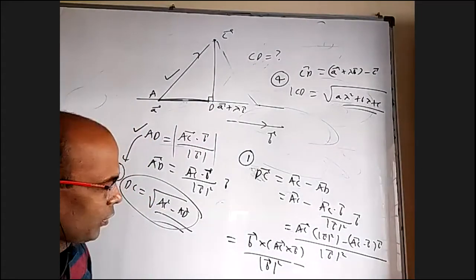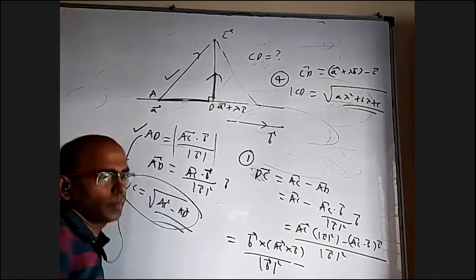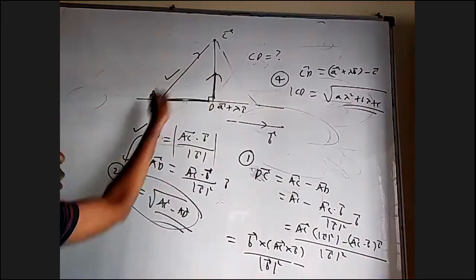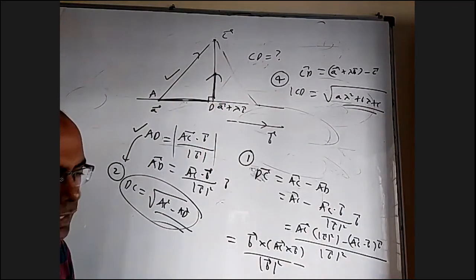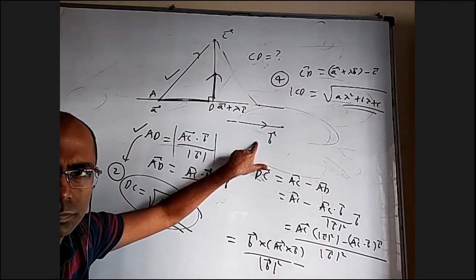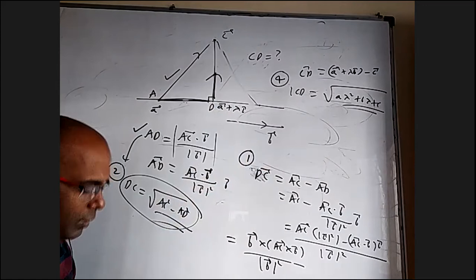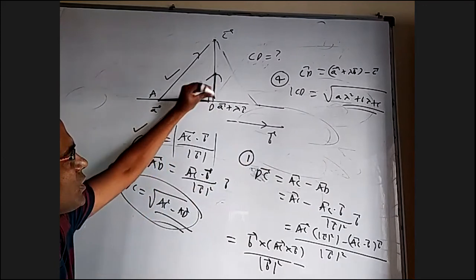You can also visualize it. If you look at the overall question, what is this vector? It is perpendicular to b bar, correct? Yes, sir. But perpendicular to b bar, so many vectors are there. This vector, this vector, this vector.